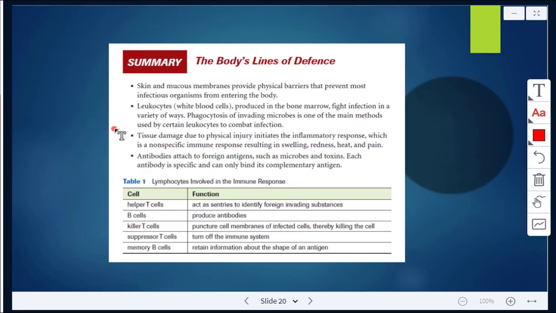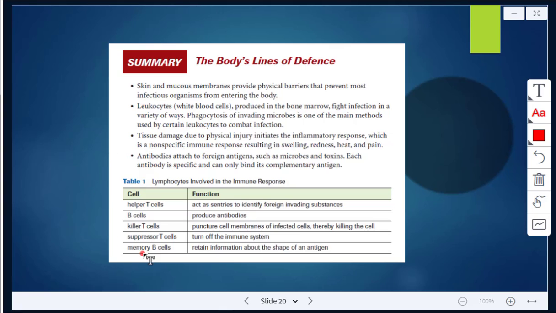Tissue damage due to a physical injury can initiate an inflammatory response. It's a non-specific immune response that results in swelling, redness, heat, and pain. And then we have antibodies, which can attach to foreign antigens like microbes, and the antibody is specific and will only bind to its complementary antigen.